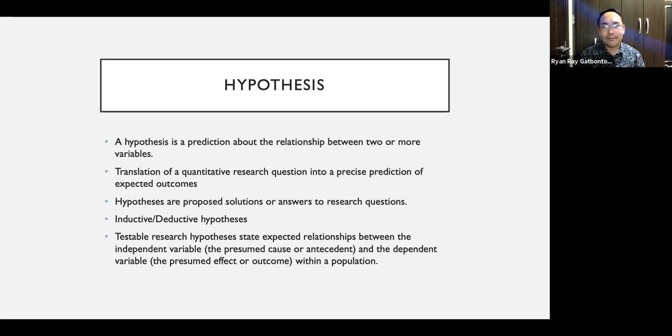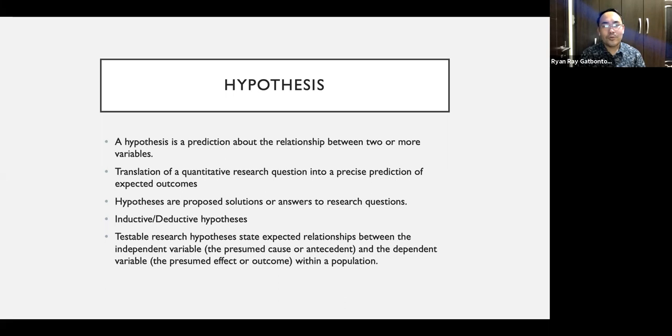When we talk of deductive hypothesis development, we develop our hypothesis based on an established theory. It's actually testing your theories and applying them to your own study. So that's why it's called deductive. You develop a hypothesis from a generally well-known fact and apply it to your specific situation, which is your study.